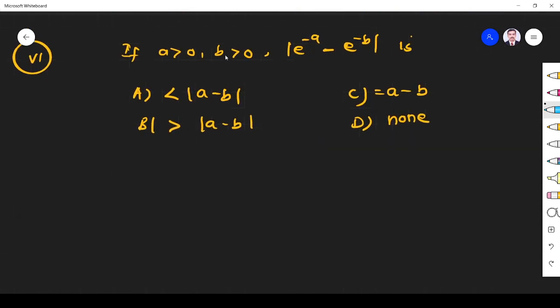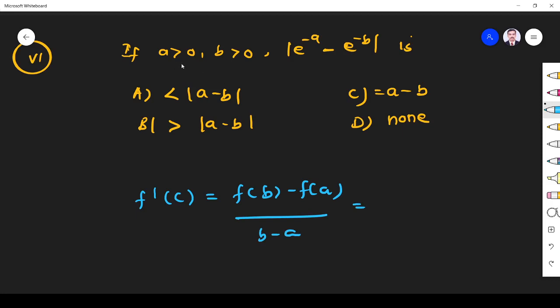If a is greater than 0, b is greater than 0, that is both are positive, and we have mod e power minus a minus e power minus b. What is the condition? So we have to use the mean value theorem we learned. So f dash of c, let us assume, is f of b minus f of a divided by b minus a.